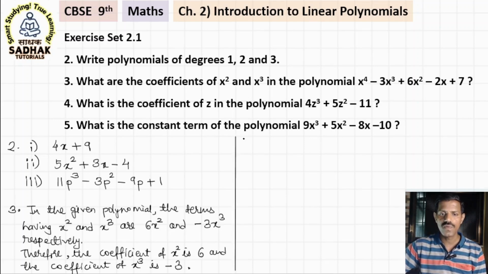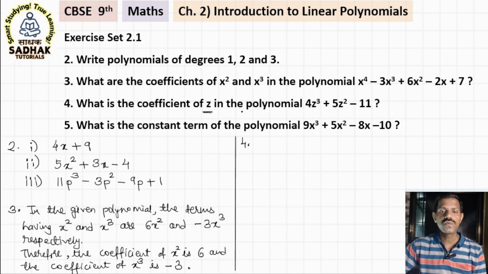In question number 4, what are they saying? What is the coefficient of z in the polynomial 4z raised to 3 plus 5z raised to 2 minus 11? Here we can see that there is no term having only z. We have z cube, we have z square, but we don't have z.